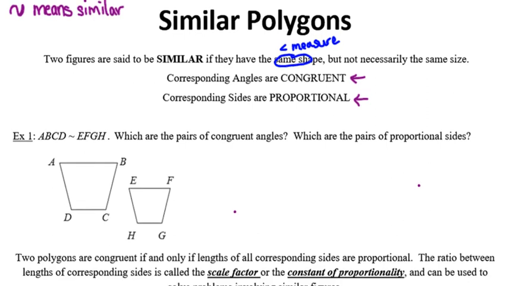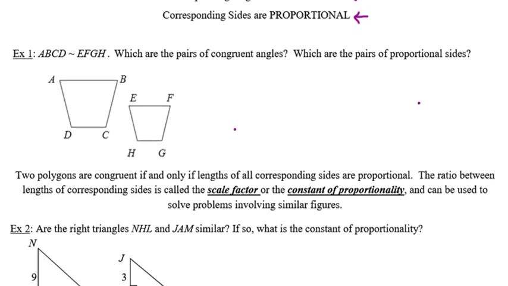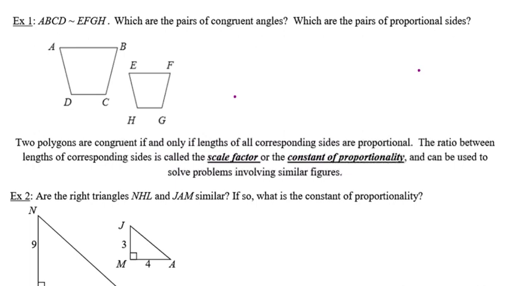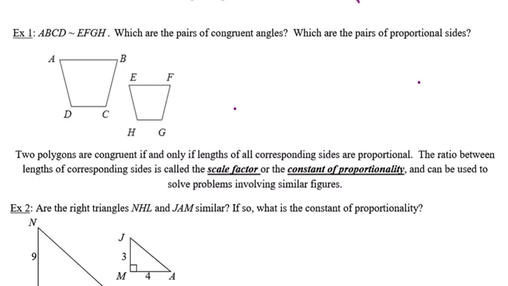In the first example, we're given these two similar quadrilaterals, and just as when we wrote a congruency statement for triangles, we always matched up the corresponding parts, we also match up corresponding parts when we write the similarity statement. In this particular case, A is the first vertex named in the first quadrilateral, and it corresponds with vertex E in the second, so those would be our pairs of congruent angles.